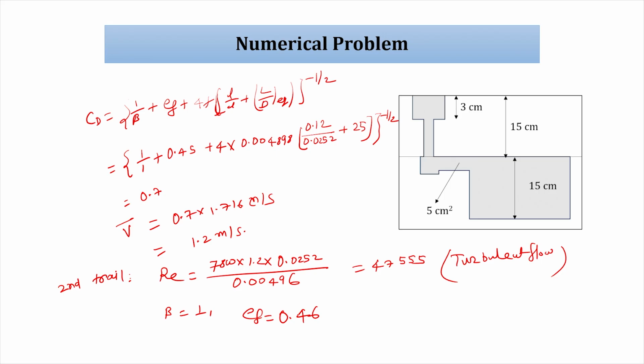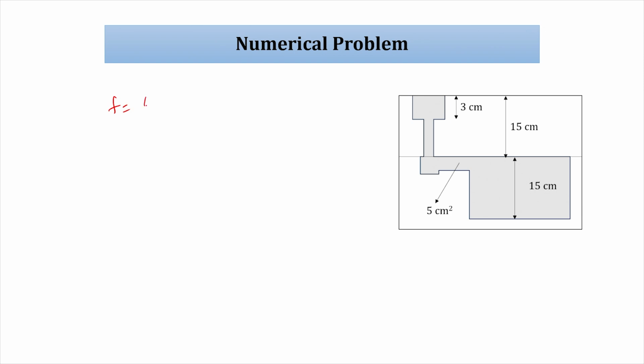EF will be 0.46, and F will be again 0.0791 into Reynolds to the power minus 0.25, equal to 0.0791 into 47,555 to the power minus 0.25, equal to 0.005356, isn't it?